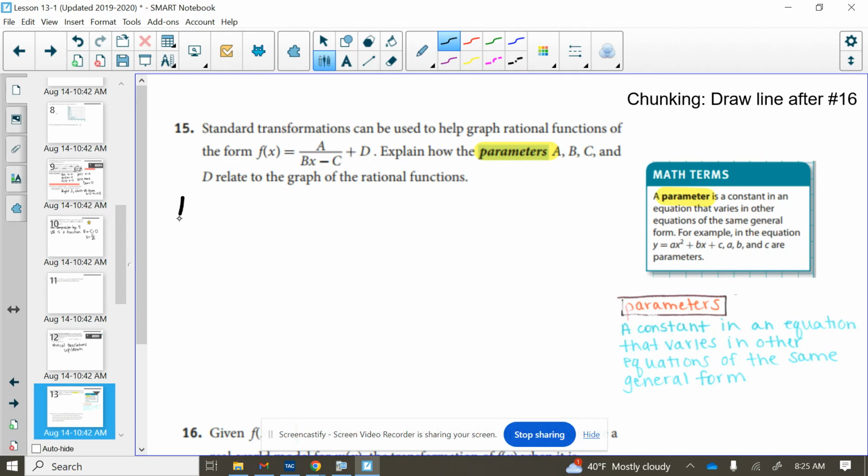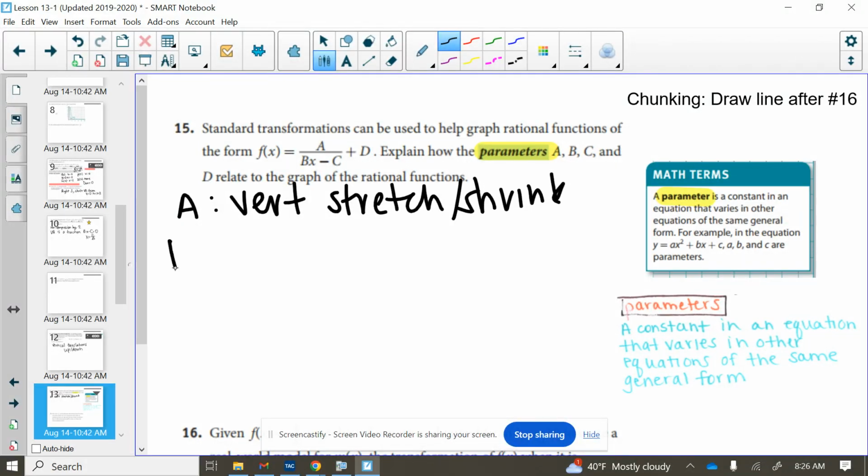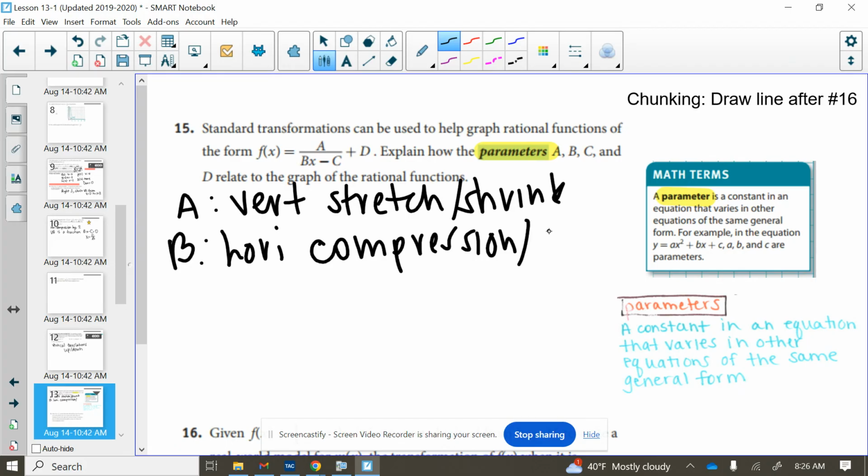And that overall leads us to a lot of information about these parameters. And kind of going back to what we talked about way back in Unit 6, parameter A would be our vertical stretch or shrink. Parameter B then is the horizontal compression each time if it's bigger than our value, so like for instance, since it's bigger than a value of 1, or a stretch if it was less.